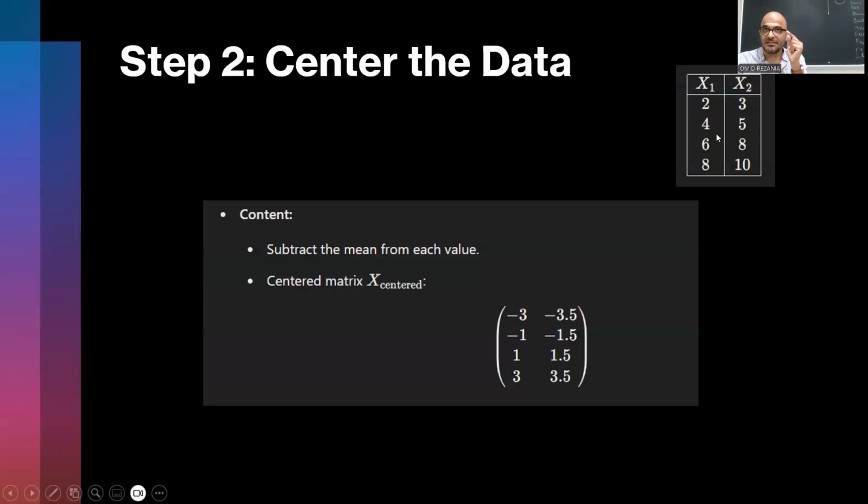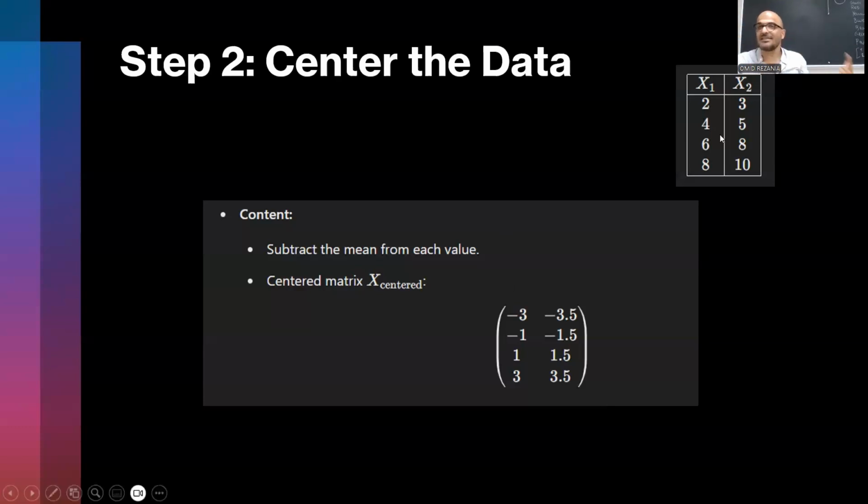The second measured value for observable x1 is 4. What was the mean for x1? 5. 4 minus 5 becomes -1. The third measurement was 6. 6 minus the mean, which is 5, becomes 1. And the last measurement is 8. 8 minus 5 becomes 3. I repeat the same procedure for the second observable for each corresponding measurement, knowing that the mean was 6.5.